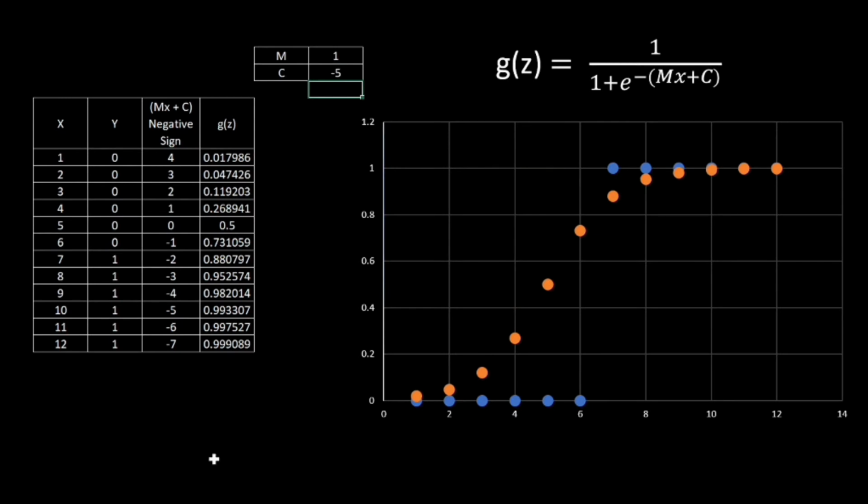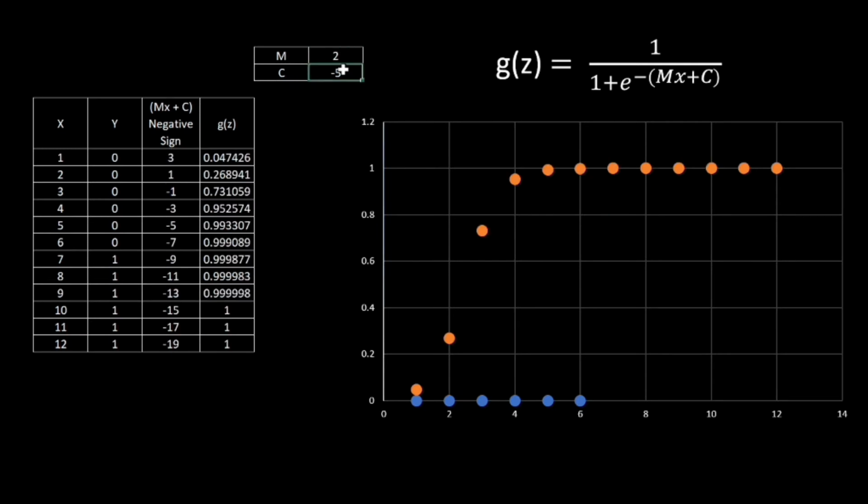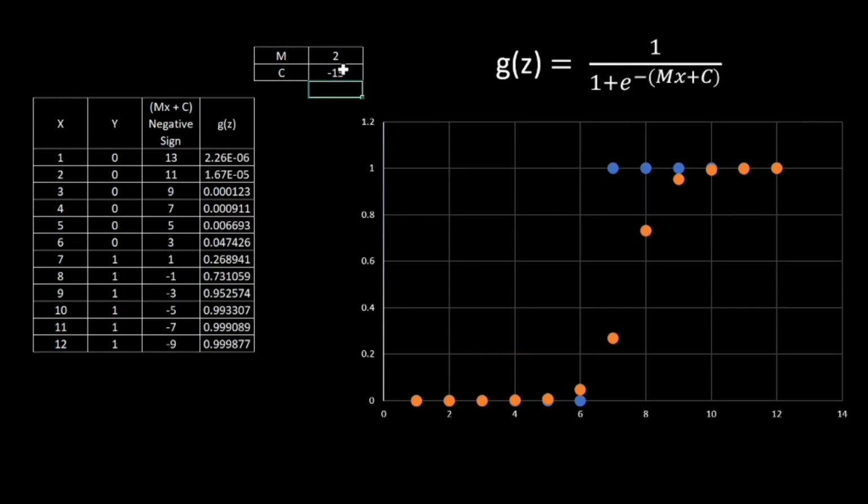As you can see, when we gave the negative value of c, we are able to get a better curve over here. So I'm going to write m is equal to 2 and then decrease c to minus 15. So you can see it has moved a little upward, so we have to go to minus 10, I think.